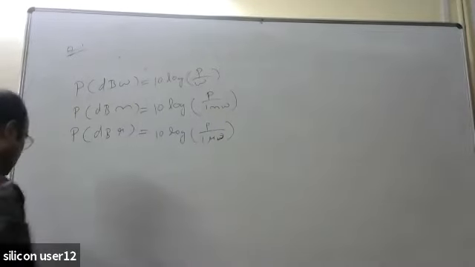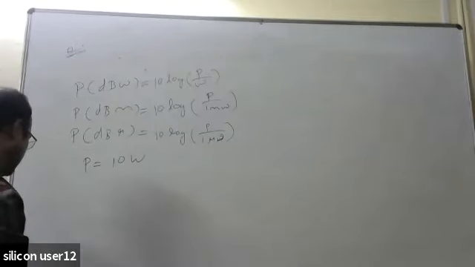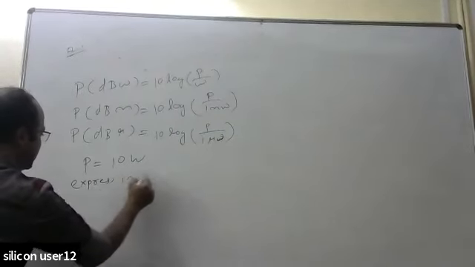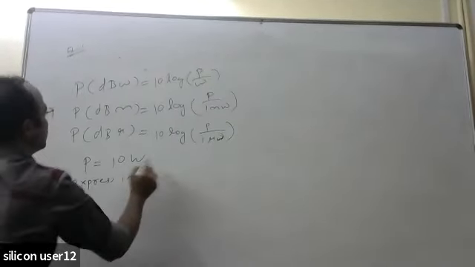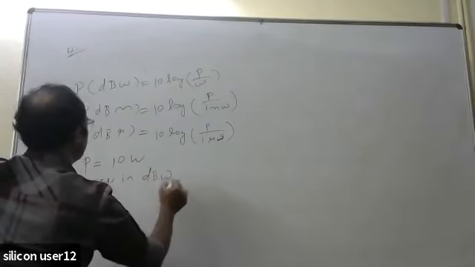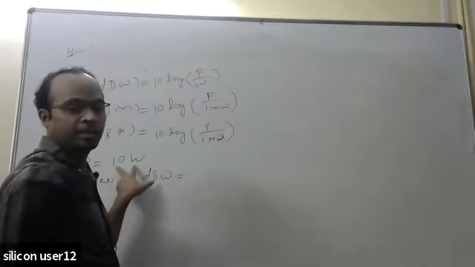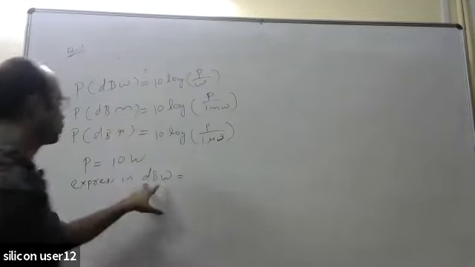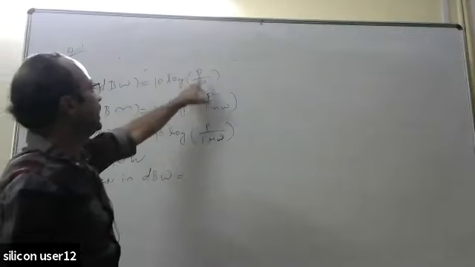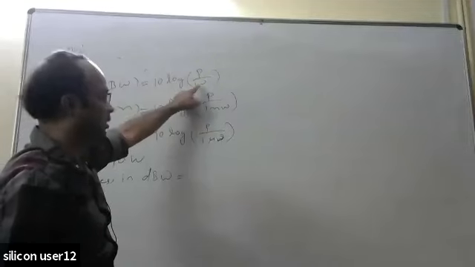Let us say one power is given as 10 watt. Express it first in dB watt. Here it is directly given as 10 watt. If you have to express it in dB watt, you convert it into dB terms, where the numerator is power in watt and the denominator is power in watt.